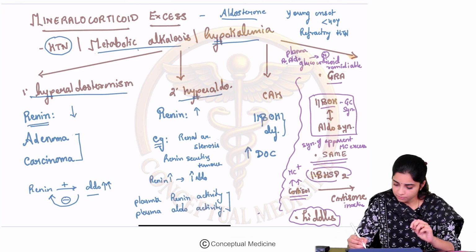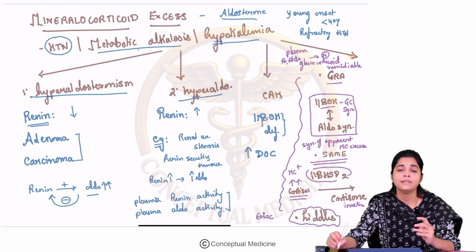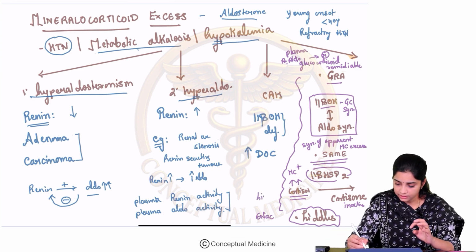In Liddle syndrome, there is a mutation of the epithelial sodium ion channel, the ENaC, in the distal convoluted tubule. Then there is also another food substance which can cause a similar presentation, which is licorice.